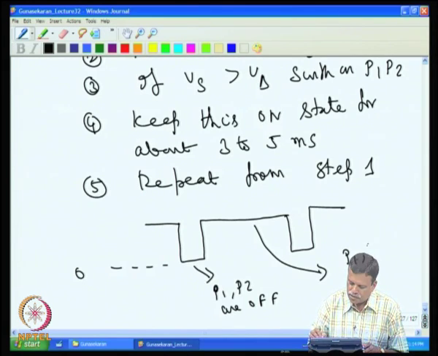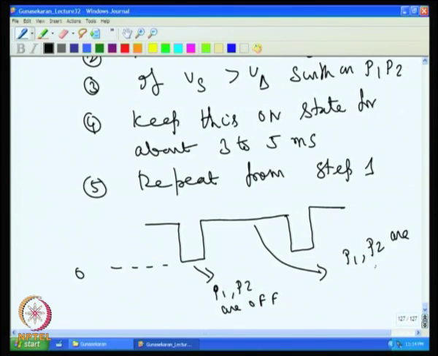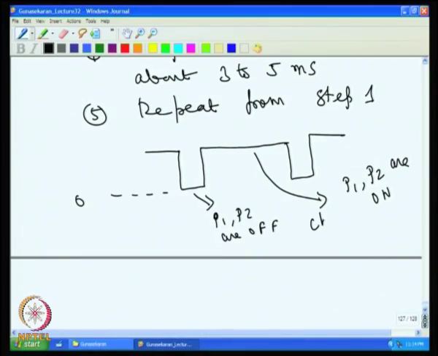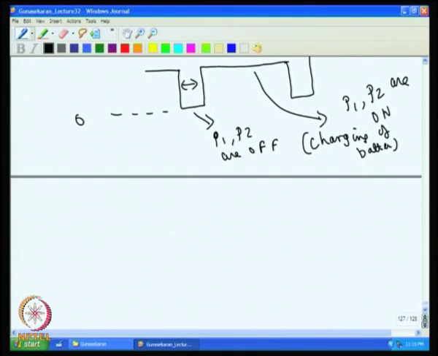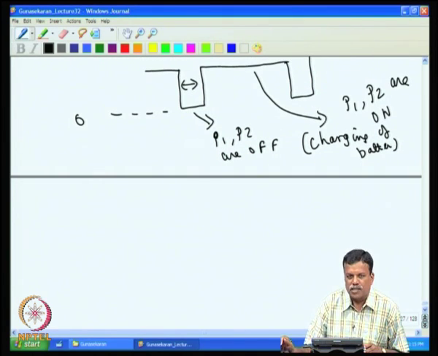Here P1, P2 are on, that is, charging of battery is taking place. So, this off time is really the conversion time, because during this time when P1 P2 are off, no charging is taking place from the panel; it is a waste.